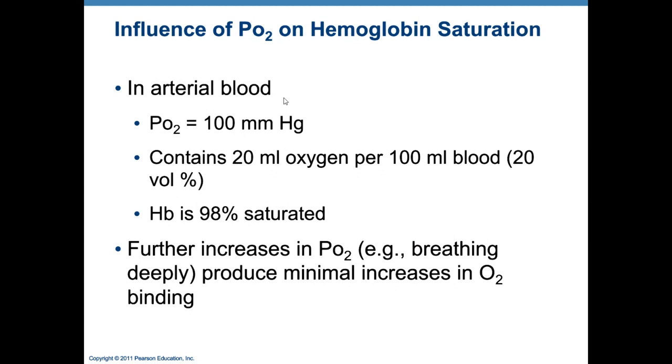So you think back to what we talked about, the concentration of oxygen in the atmosphere, that's 21%. This is almost 100% of the oxygen you breathe in getting into your system if your body is working properly. So your hemoglobin is 98% saturated at all times. Again, that's assuming you have a healthy lung, and that means your lungs are functioning normally and doing what they're supposed to do.